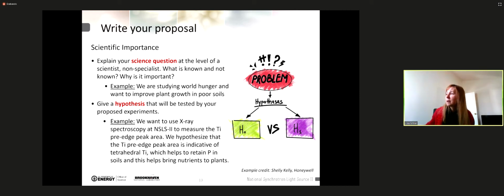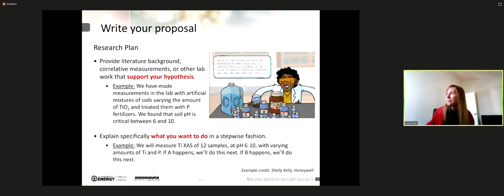We're going to do X-ray absorption spectroscopy, and we're going to study titanium, and we're going to look at the pre-edge. We're going to test whether it's tetrahedral, and that's how it's going to help to study those plants. So you want to bring it all together in the hypothesis, and that should really be clearly described briefly in the abstract, but also in the introduction of the proposal.